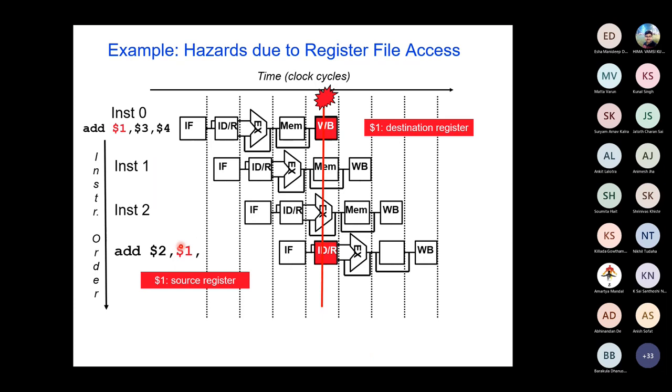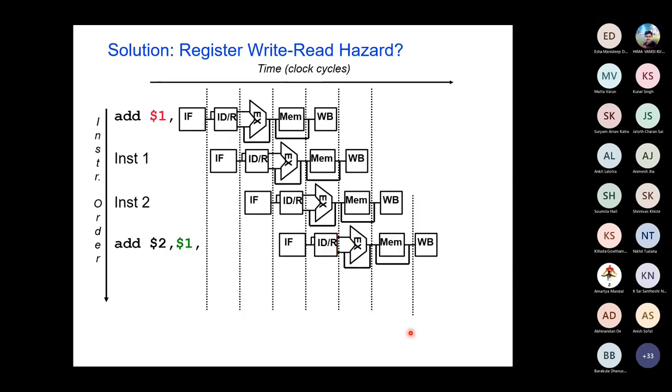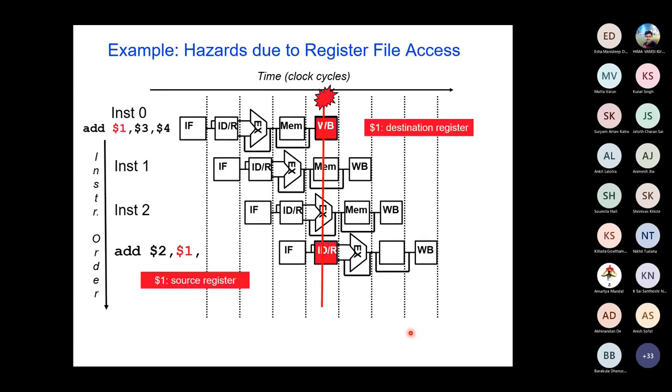If I find duplication of register IDs between source and destination, we can also determine it at runtime using extra hardware. Anyway, let us not go into those complications. We have seen that there is a conflict here, right? Let us see how I resolve it.